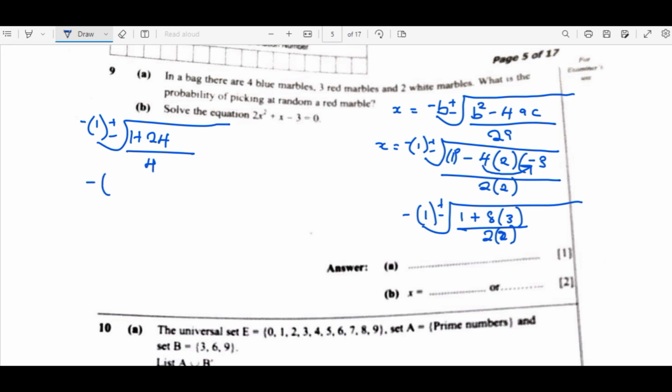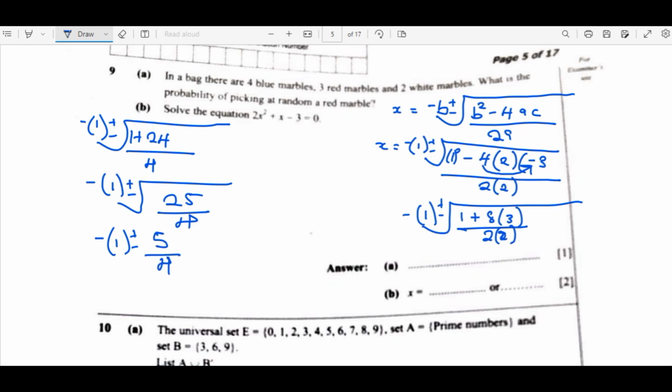So we have negative 1 plus or minus the square root of 25 over 4. The square root of 25 is 5, over 4.